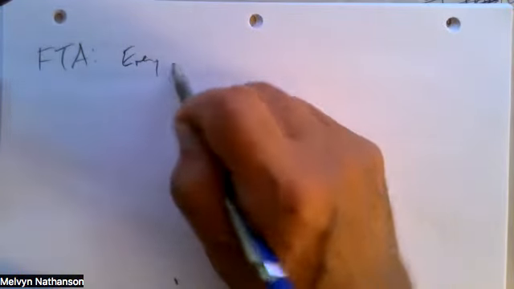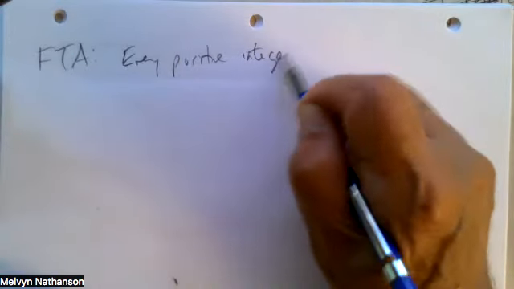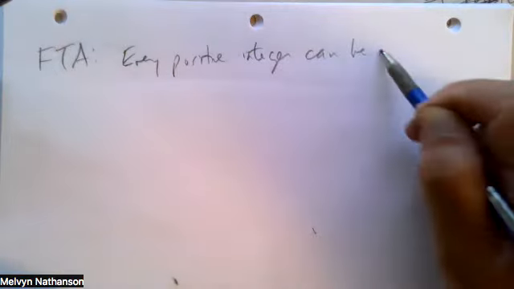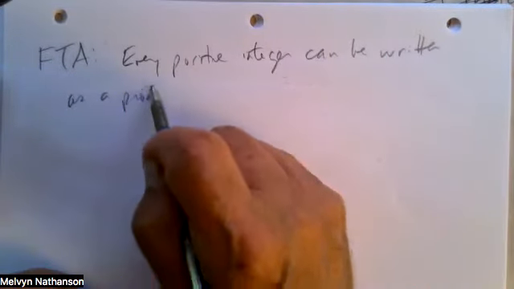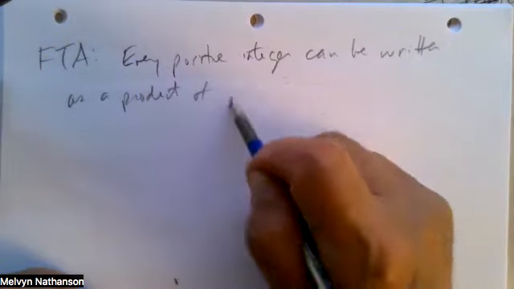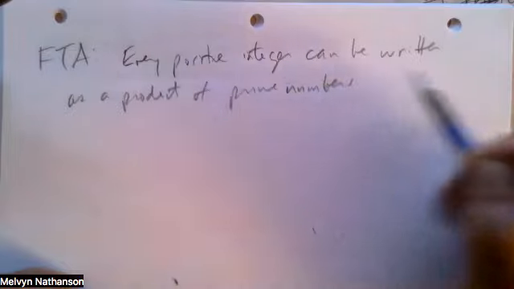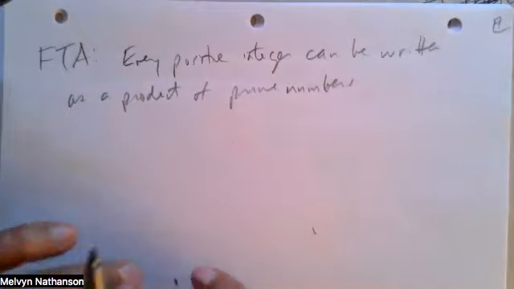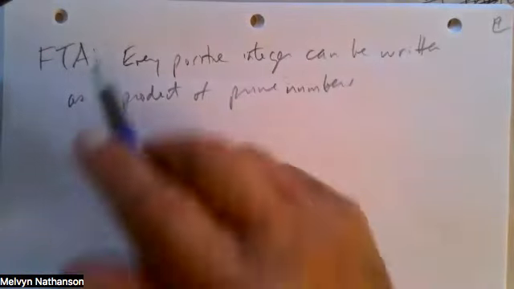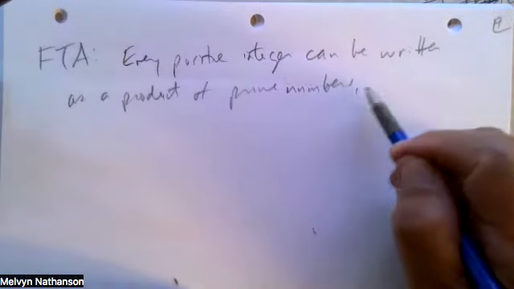It says that every positive integer can be written as a product of prime numbers. So this is just like in chemistry when they tell you that every molecule is a product of atoms. Every integer is a product of prime numbers.